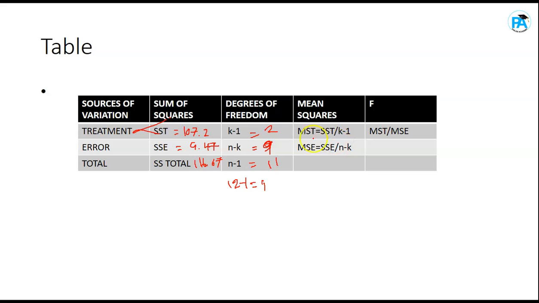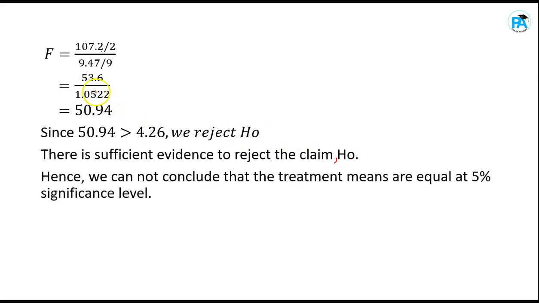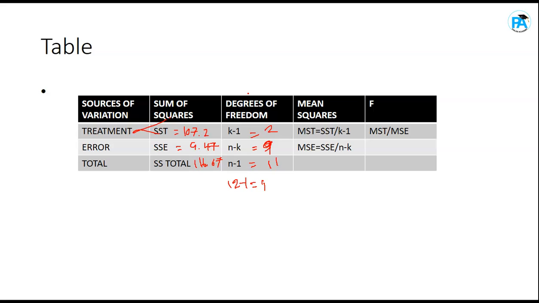Then mean square treatment, MST, is equal to SST over k minus 1. So what was your MST? MST was 53.6, so you can fix it there. And then MSE was what?